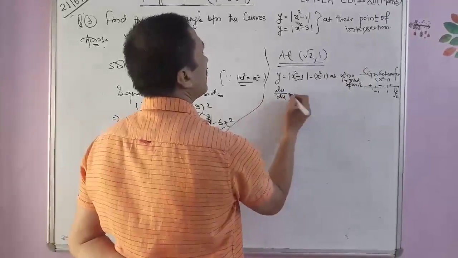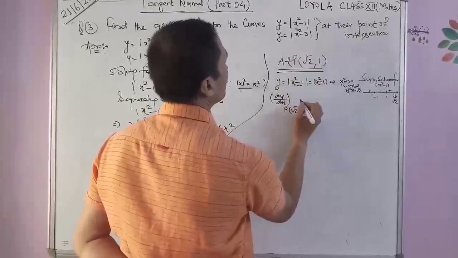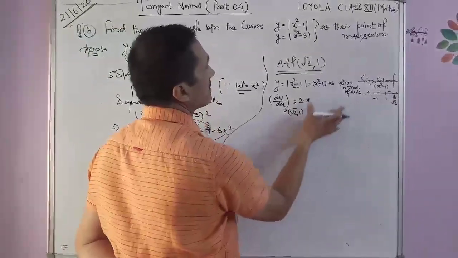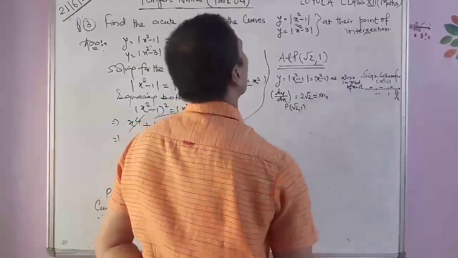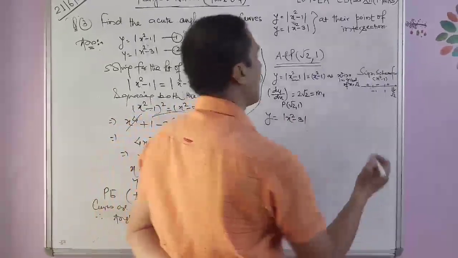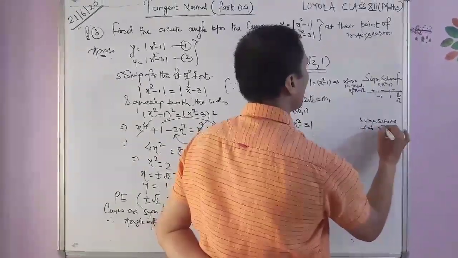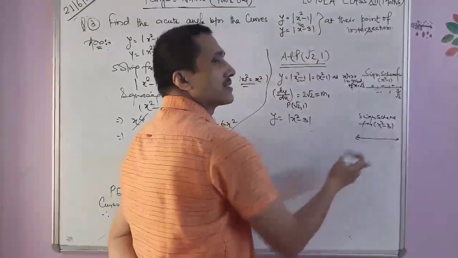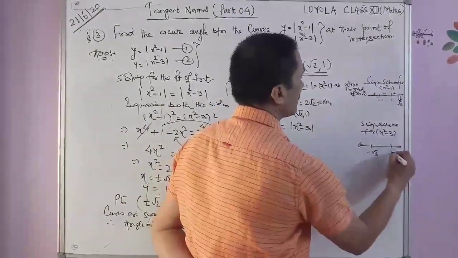Therefore dy by dx at the point (√2, 1): the derivative is 2x, so 2 into x, where x is √2, so 2√2. Say it is m1. The second curve is modulus of x² − 3. Again, the sign scheme for the expression x² − 3. Corresponding roots: x² − 3 equal to 0, x equal to ±√3. This is −√3, this is √3.